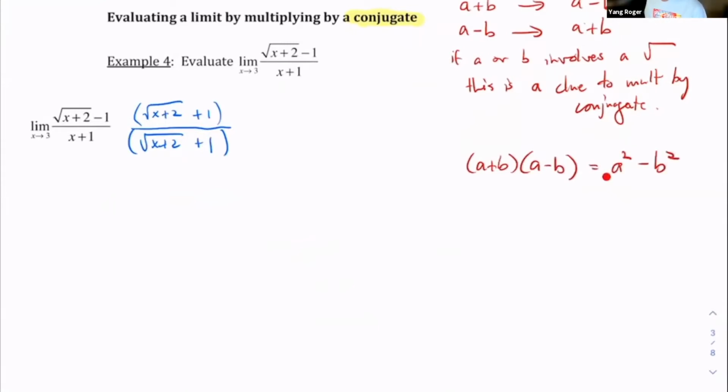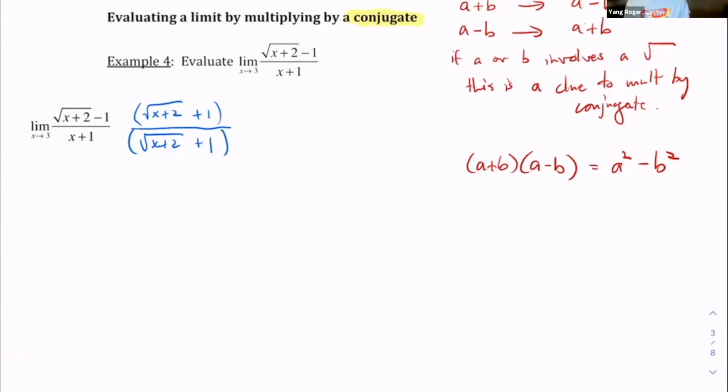So the difference of two squares factors in this nice way. The factors are actually conjugates of each other. So that's really great for you when A involves a square root, right? Because when you take the square of a square root, that removes the square root. So that's why I say having a square root is a clue that we want to multiply top and bottom by the conjugate. Okay.